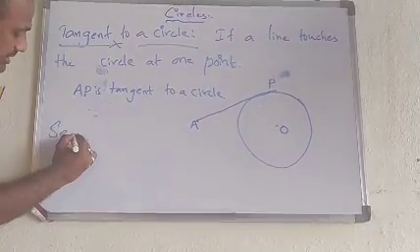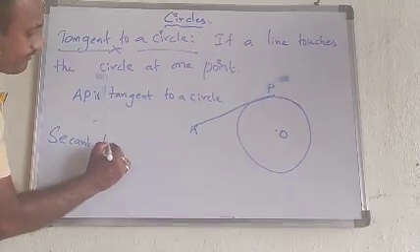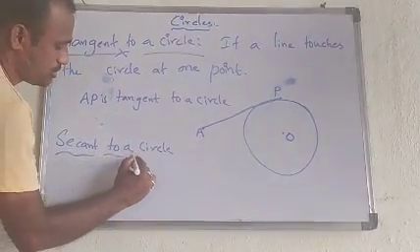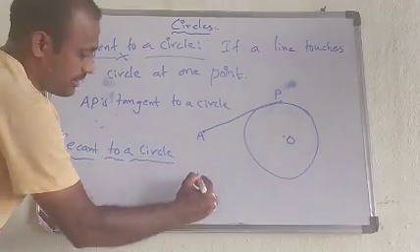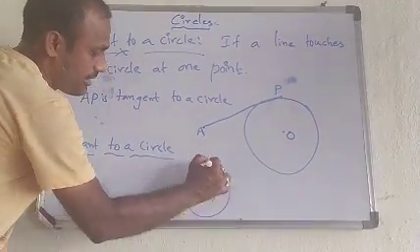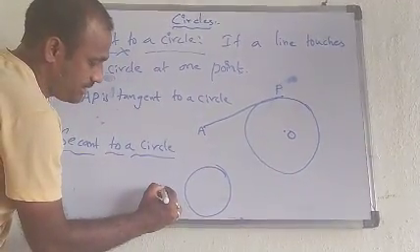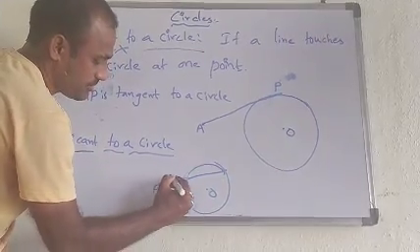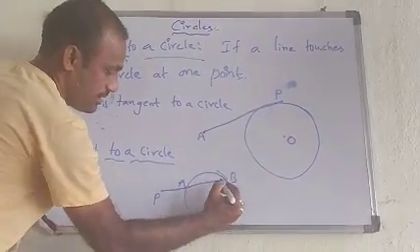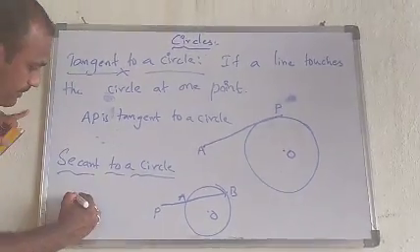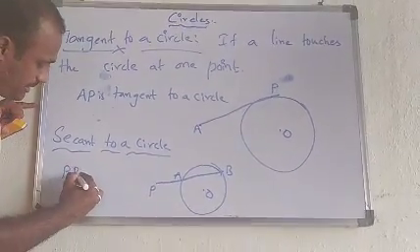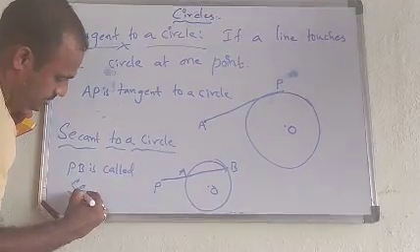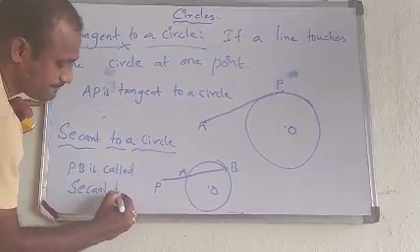Similarly, we can say secant to a circle. A secant to a circle is nothing but, for the same circle, a line touching at two distinct points in the circle. Let us suppose this is P, this is A, this is B. So this PB is called a secant to a circle.